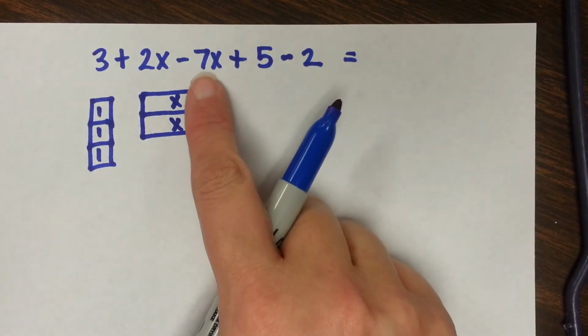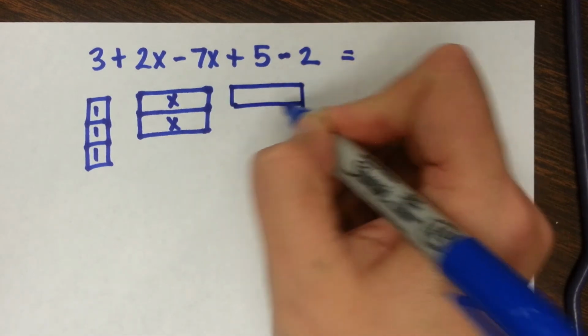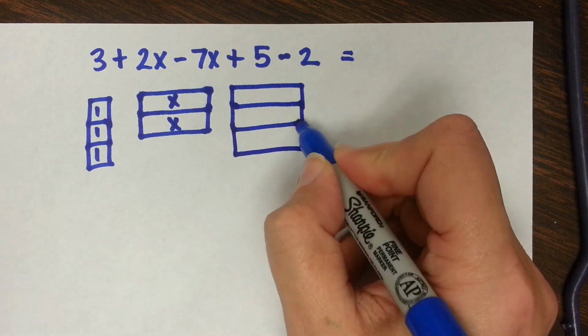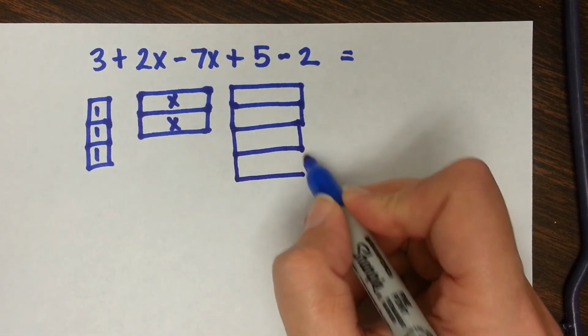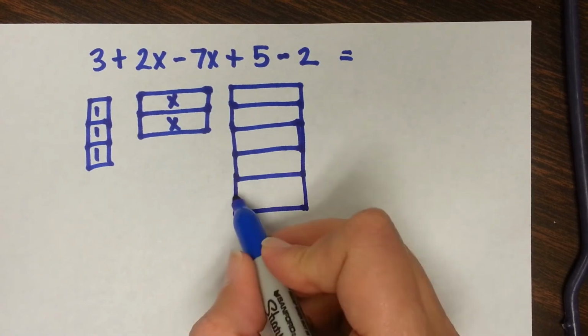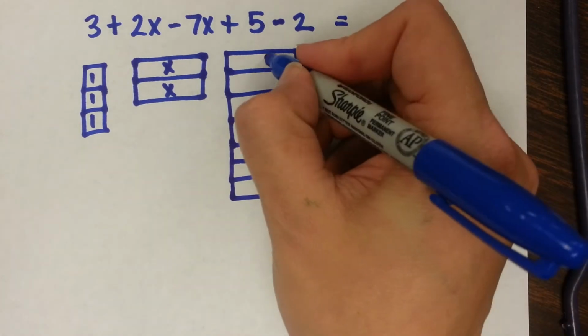Then it says I have negative 7x. So there's 1, there's 2, there's 3, there's 4, there's 5 and 6, and there's 7.